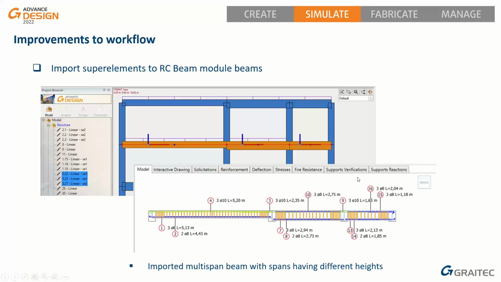Previously, when we modeled the beam in Advanced Design using one element, there was no problem. We were able to import to the beam modules as a multi-span beam. But in case we model the beam using single spans, only one single span can be imported. Now, with this version, it has been changed.